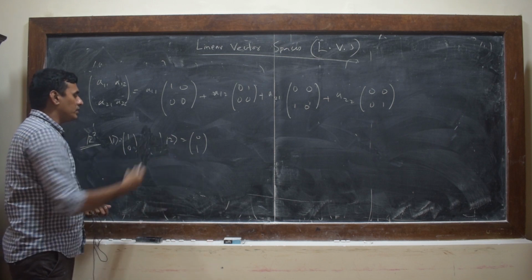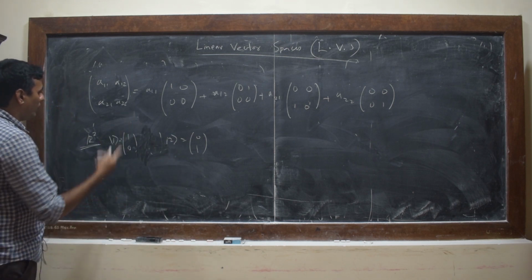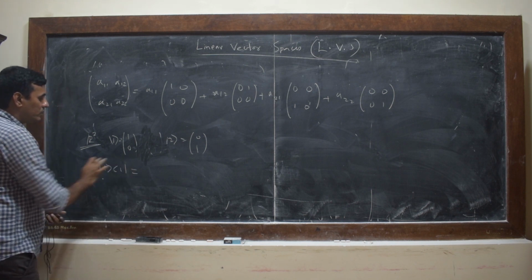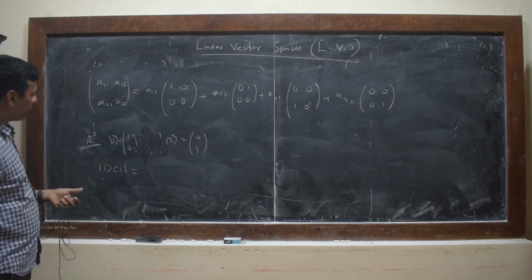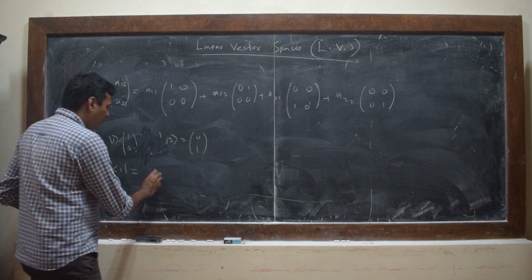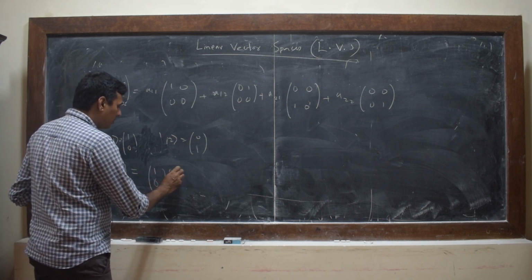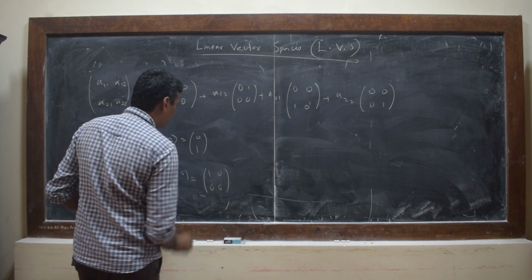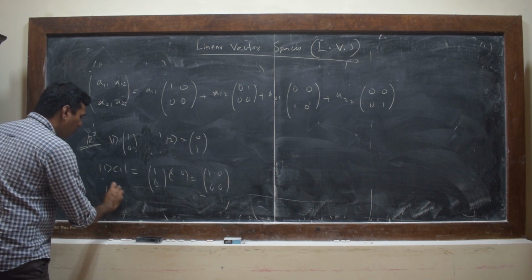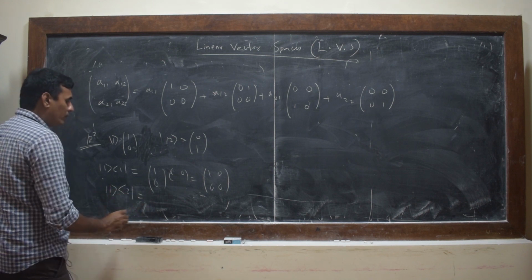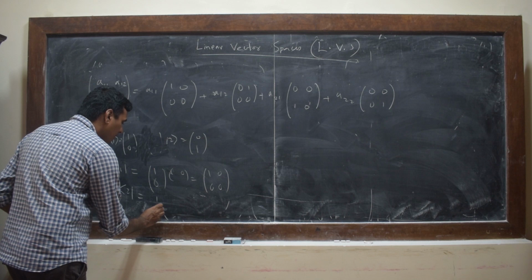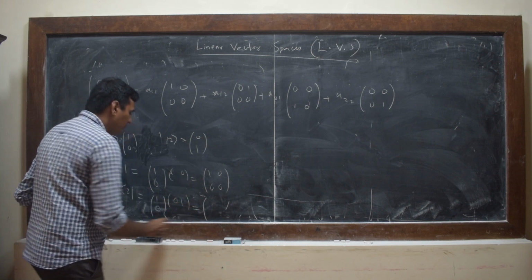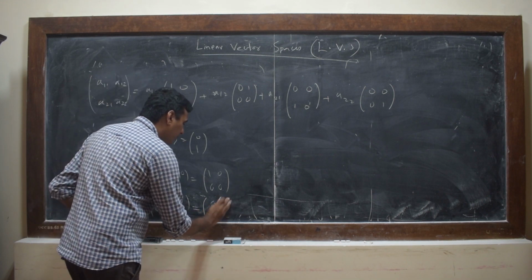Similarly, R4 you can construct like that. I am just using R2 and then I will generalize. So what is |1><1|? It is (1, 0) times (1, 0) transposed, which is equal to [1 0; 0 0]. And what is |1><2|? It is (1, 0) times (0, 1), which is equal to [0 1; 0 0].